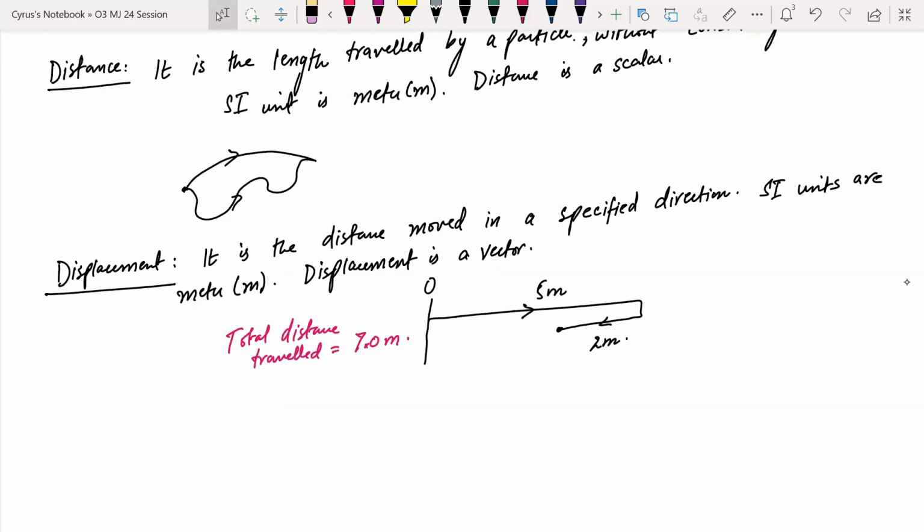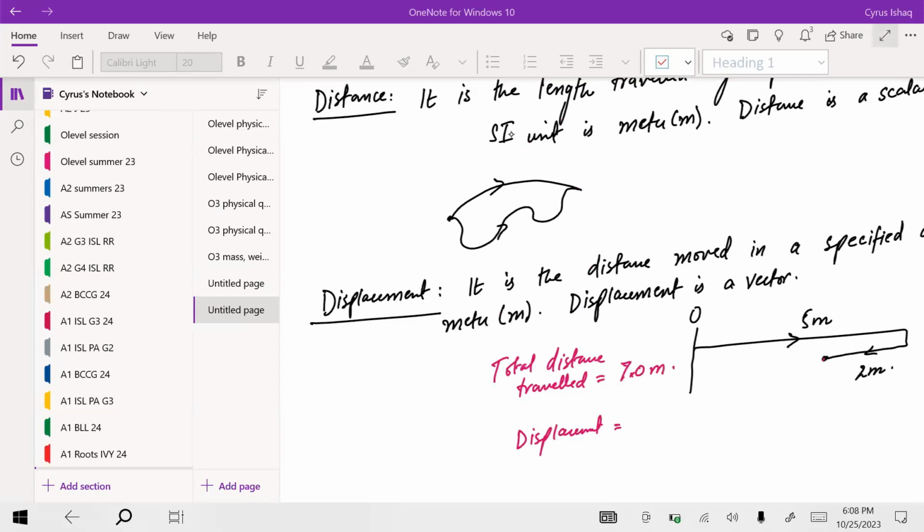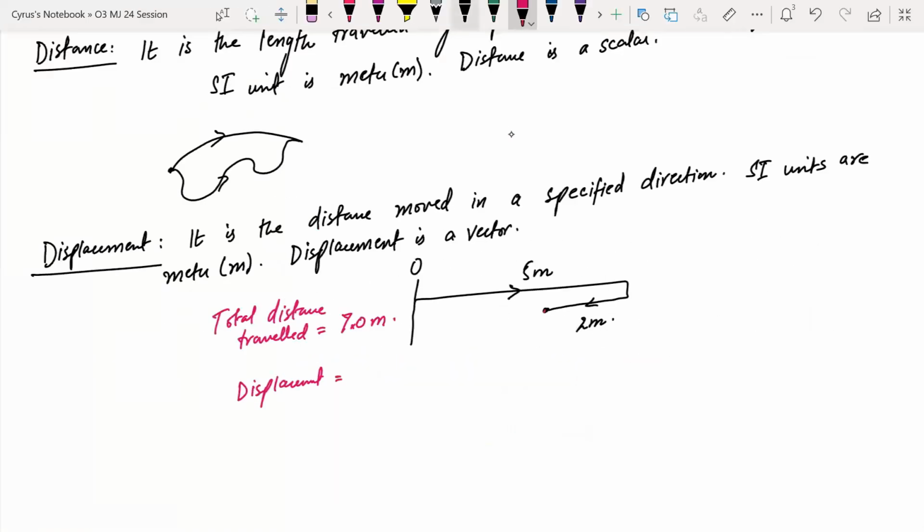And if we talk about displacement, what about that? 3 meters. देखिए, start point से लेके ending point तक जो distance है उसको हम displacement कहते हैं. मतलब ये इसकी displacement यहां से लेके यहां तक 5 minus 2 हो जाएगी, क्योंकि वो वापस आ गया. So 5 minus 2 is 3 meters. That is the displacement. The displacement is 3.